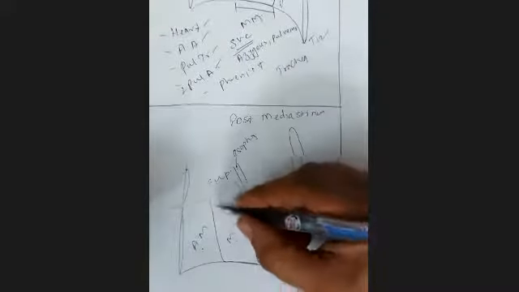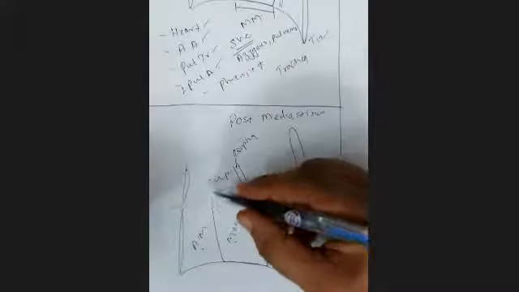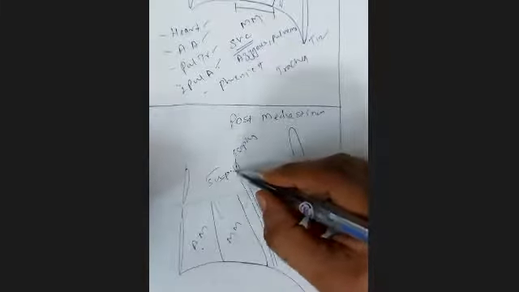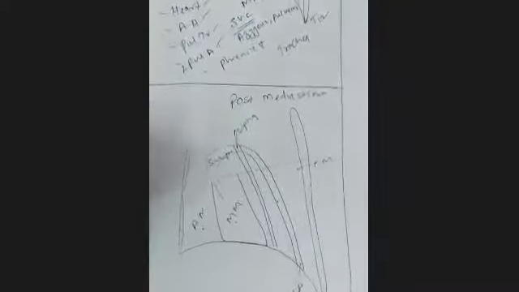We said the ascending aorta is part of middle mediastinum, the arch of aorta is part of superior mediastinum, and then the descending thoracic aorta. Descending thoracic aorta and esophagus are the two important contents of the posterior mediastinum.